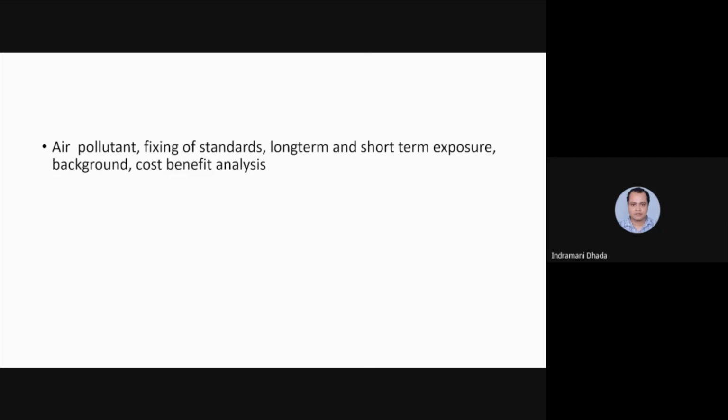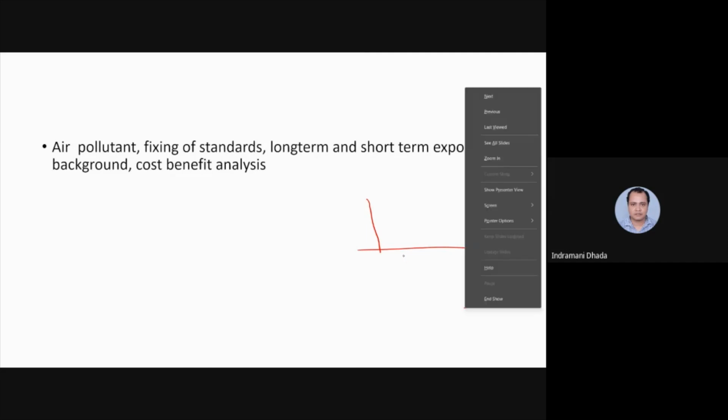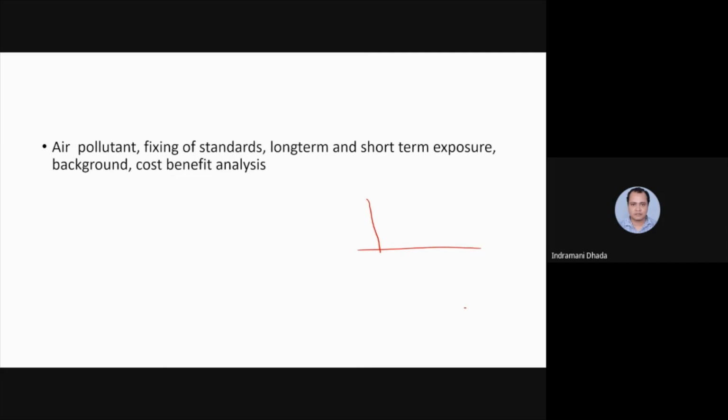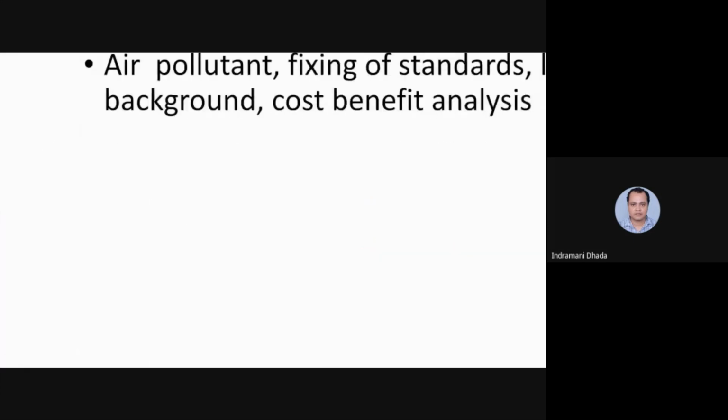To fix the standard, we have to learn about exposure and the dose-response curve: what is the dose of that pollutant and what is the response from it. For example, if anyone can see my screen, suppose here is dose. Is my screen visible now?